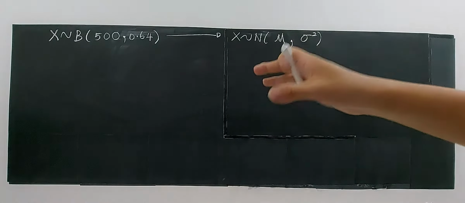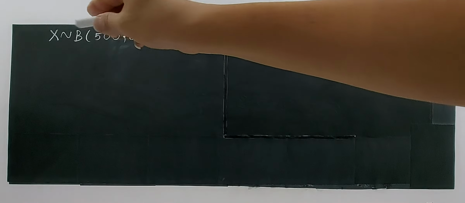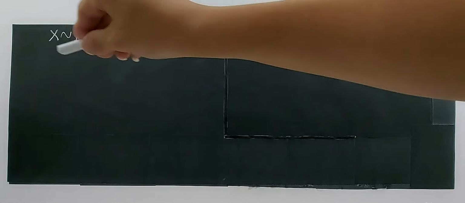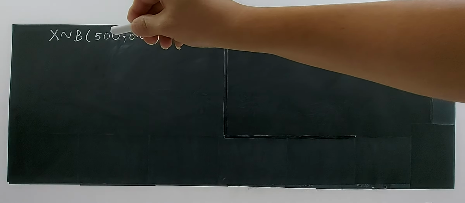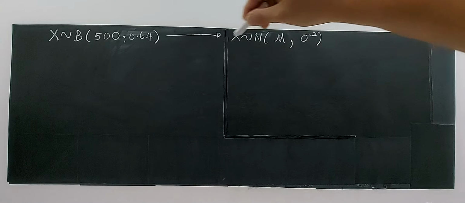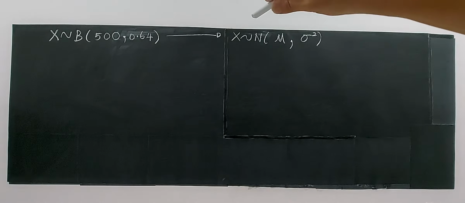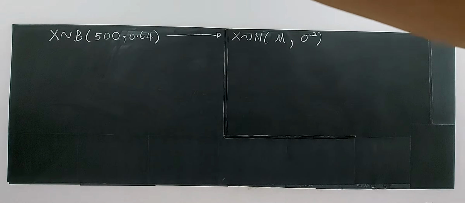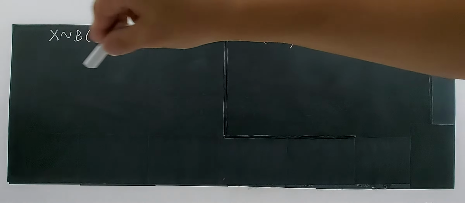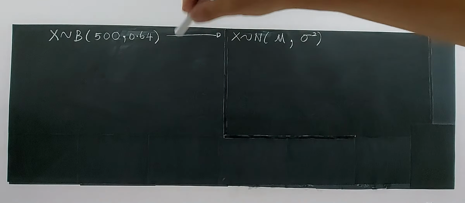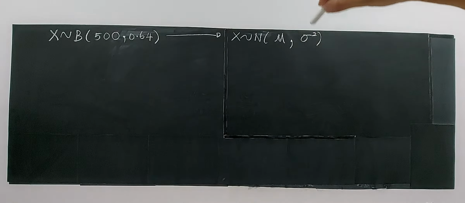Now this is the most important thing I tell you: binomial is a discrete distribution, and I want to use the normal distribution as an approximation to it. That means I convert from a discrete random variable into a continuous random variable.